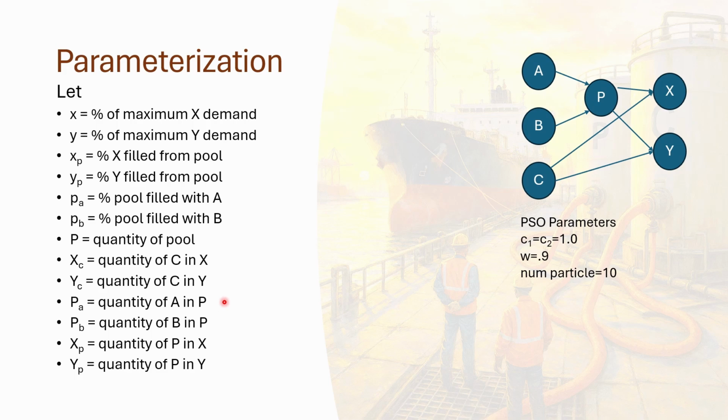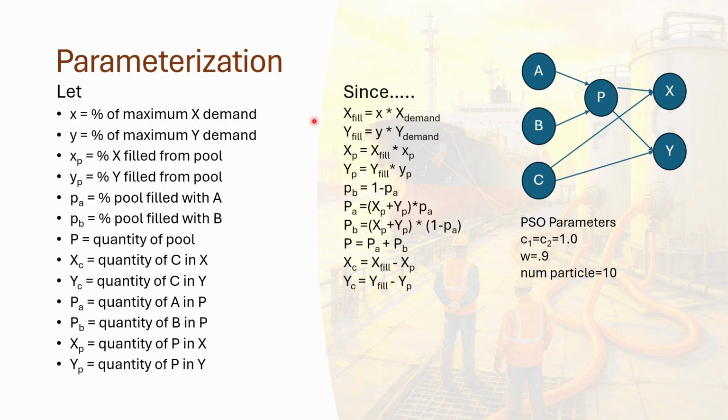Now we have A in P, B in P, and XP is the quantity of X coming from P, and YP, the quantity of Y coming from P. But since we know X fill is equal to that percent of the X demand times the X demand, same goes for Y. Quantity of X coming from P is the same as X fill times the percent XP.